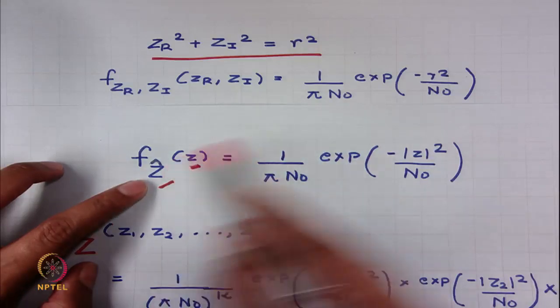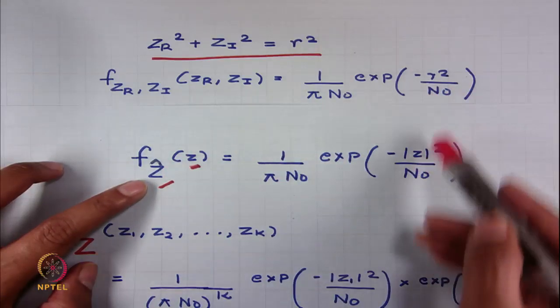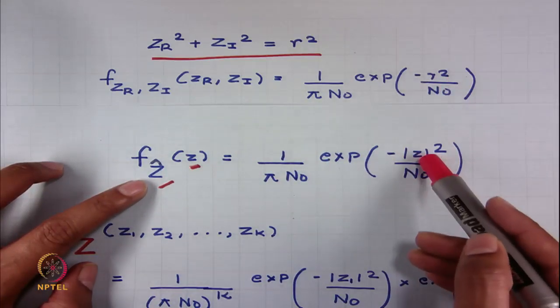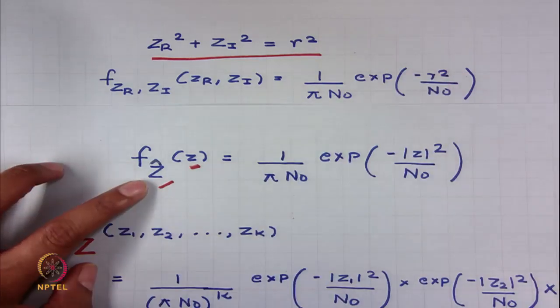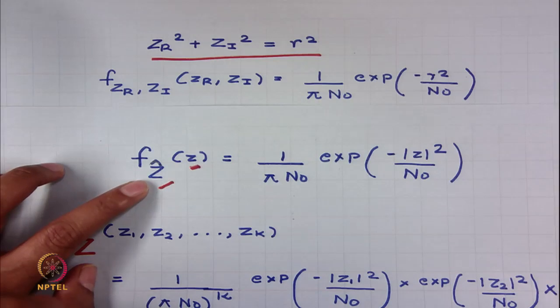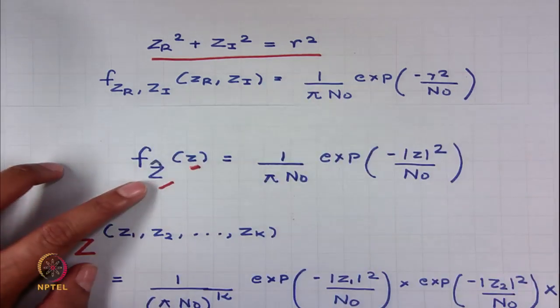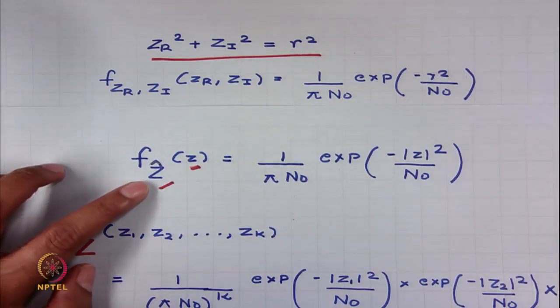What we have to substitute is mod of z instead of r, because mod of z is simply r. From this we can easily get the PDF of a proper complex Gaussian random variable.